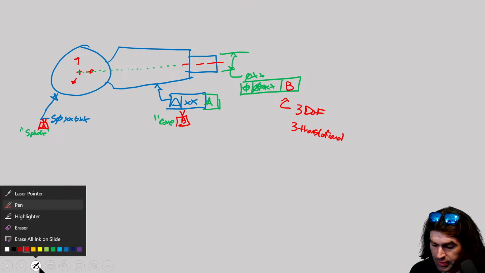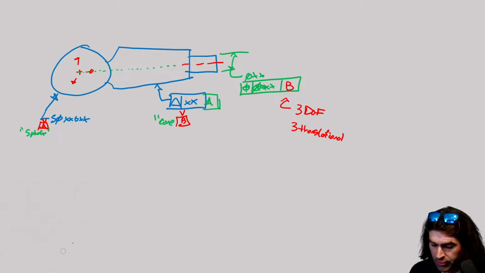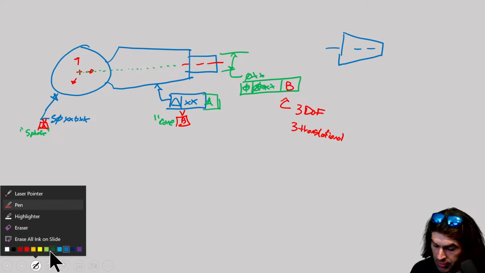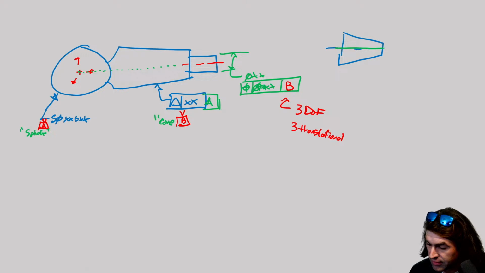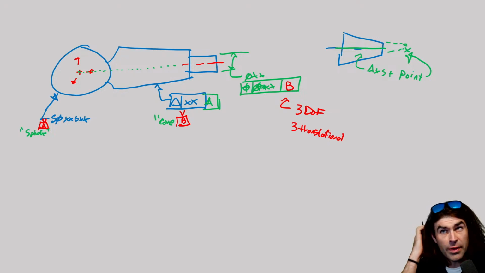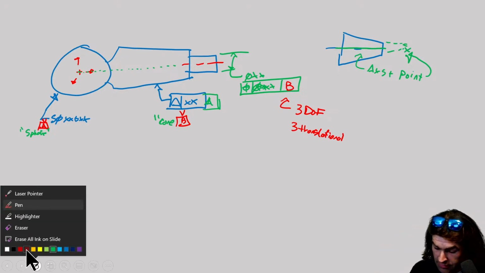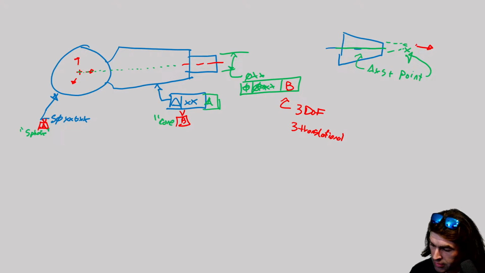The cone's going to be a little bit different. Cones are weird. Let me show you. So here's a cone. If it's the primary datum, what we get from that is an axis and a point out in space. Axis plus a point. What the point does is limit translation left and right.